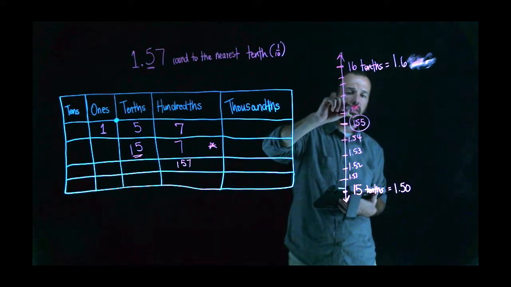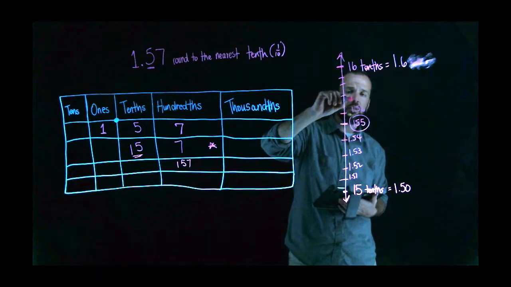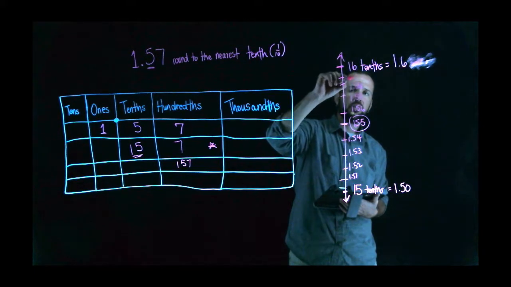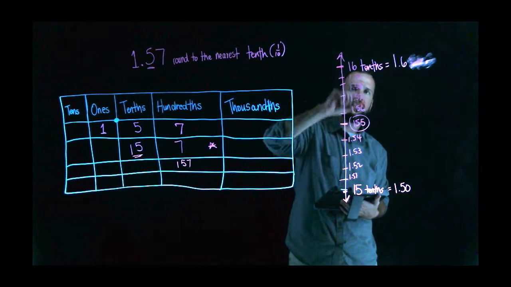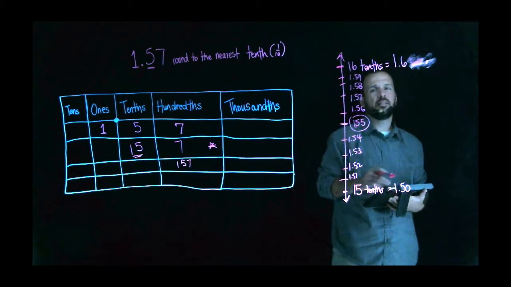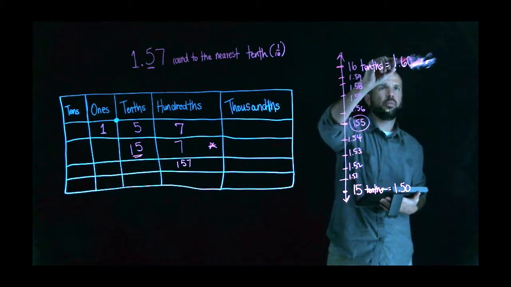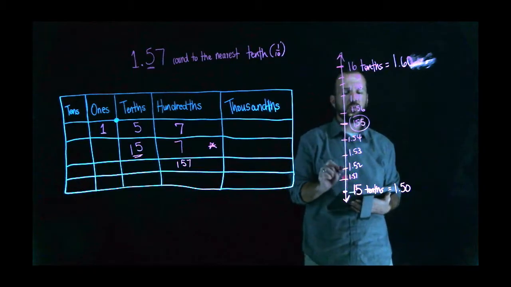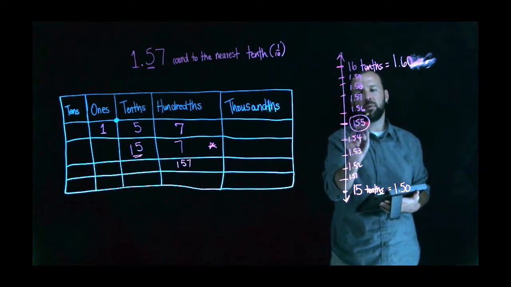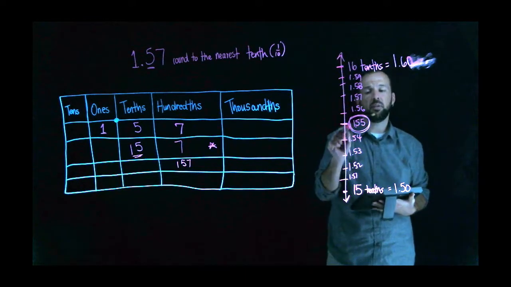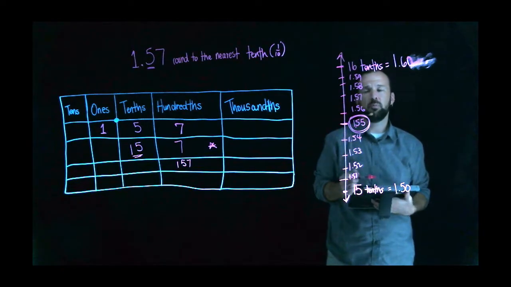Then we have 1 and 56 hundredths, 1 and 57 hundredths, 1 and 58 hundredths, 1 and 59 hundredths, all the way up to 1 and 60 hundredths, okay? And I could put the 0 here, or I can leave that 0 out. Either way, it doesn't really matter. But you can see the continuation as we go up. So our halfway point is 1 and 55 hundredths, 1.55, or 15.5 tenths, however you want to look at it, okay? It's the same value, and that's where our middle point is going to be.